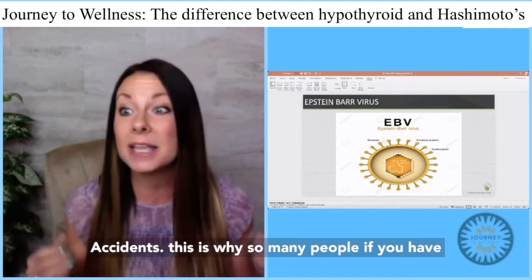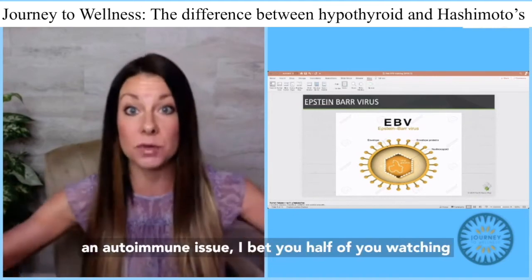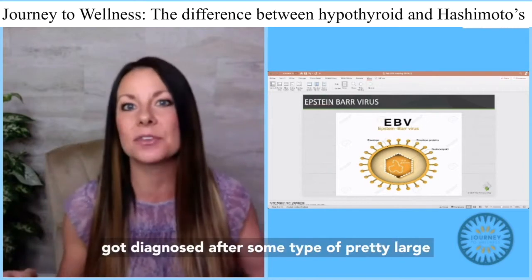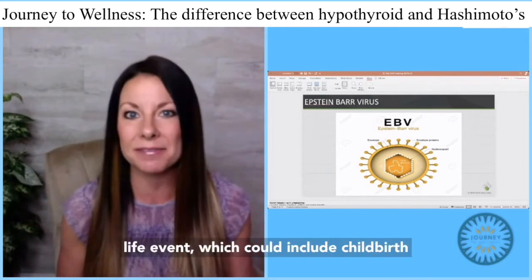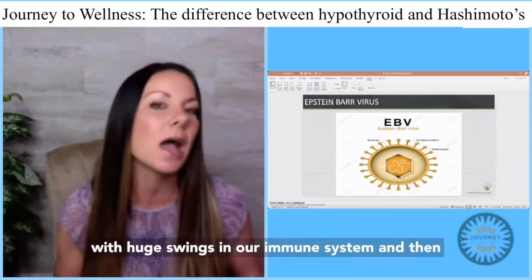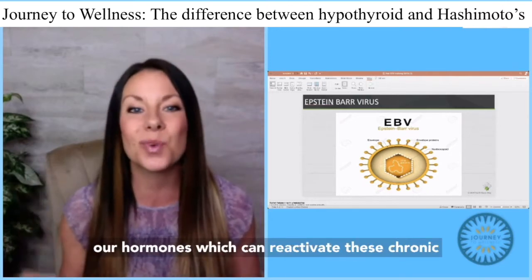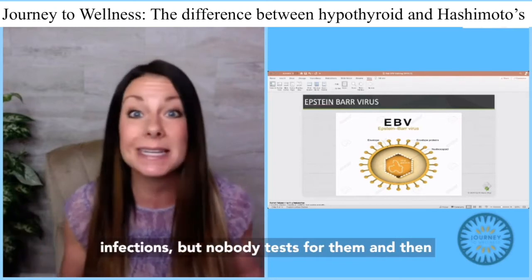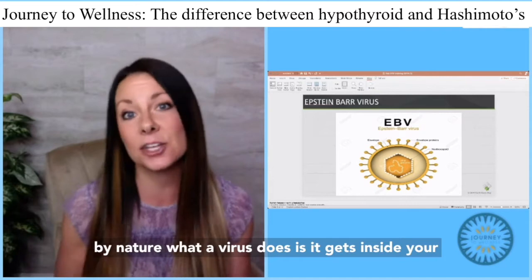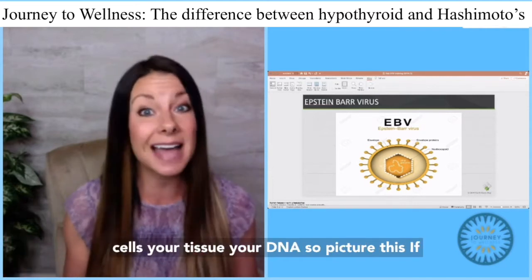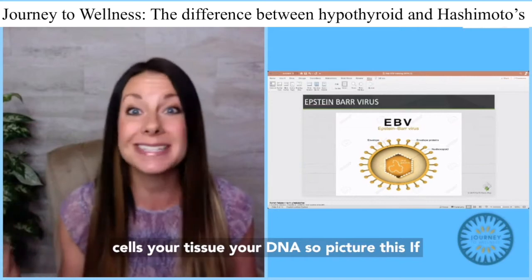This is why so many people, if you have an autoimmune issue, I bet half of you watching got diagnosed after some type of pretty large life event, which could include childbirth. We have huge swings in our immune system and in our hormones, which can reactivate these chronic infections, but nobody tests for them. And then by nature, what a virus does is it gets inside your cells, your tissue, your DNA.